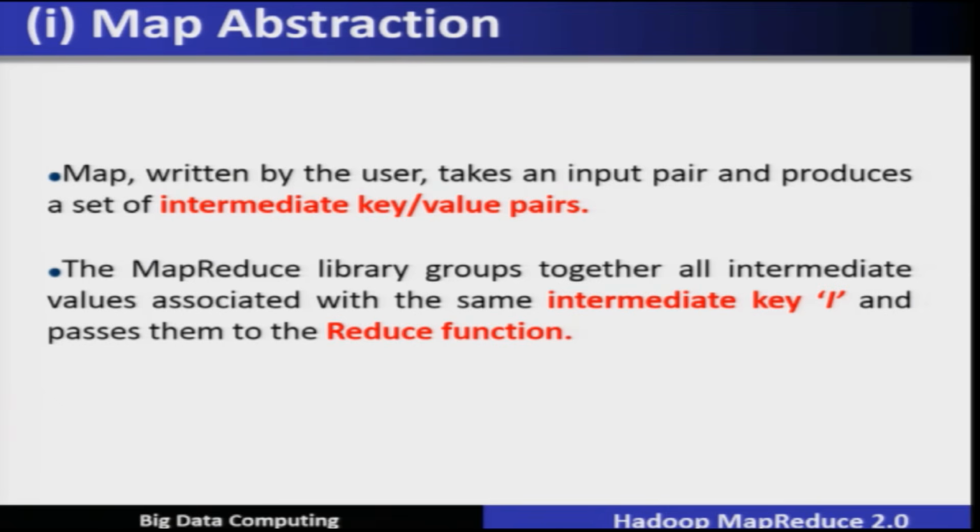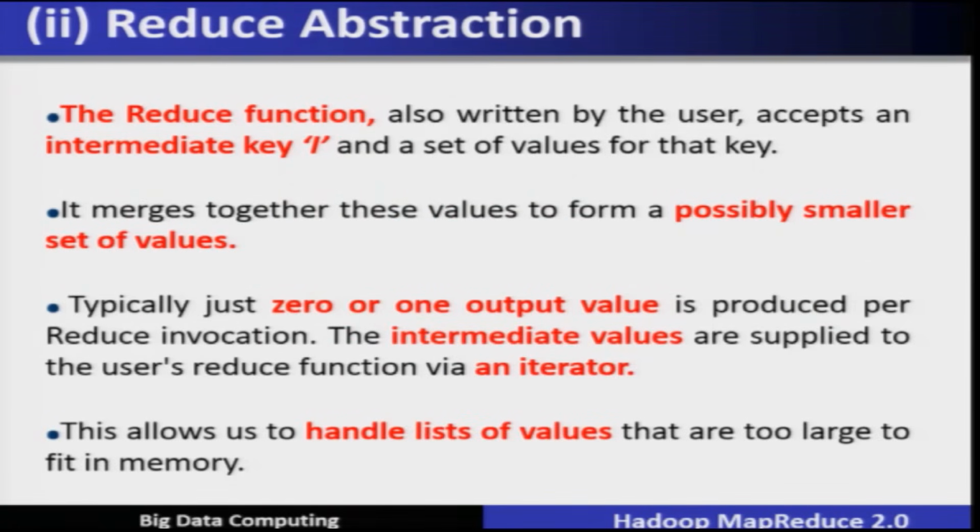So, the MapReduce library groups together all intermediate values associated with the same intermediate key and passes them to the reduce function. That was the map abstraction. In the reduce function, also written by the user, it accepts an intermediate key and a set of values for that particular key.